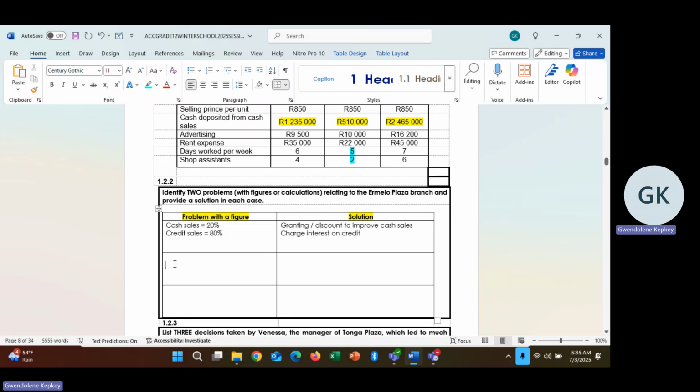So the next point is that they only have 2 shop assistants. They only have 2, right? What can they possibly do in that case?